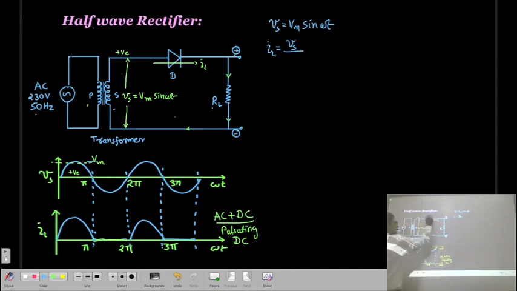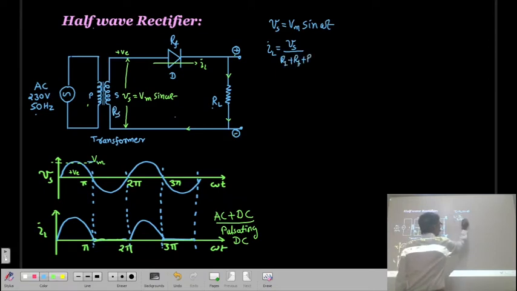So let us say the forward bias resistance of the diode is RF, the secondary resistance of the transformer is RS, then the total is RL plus RF plus RS. So IL is equal to Vm sin omega t divided by RL plus RF plus RS.